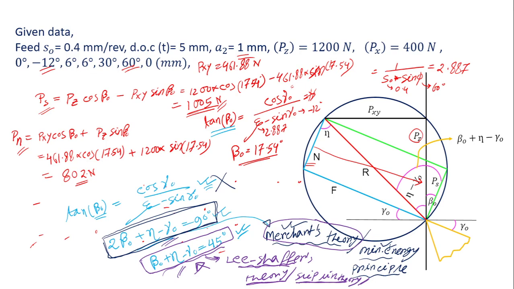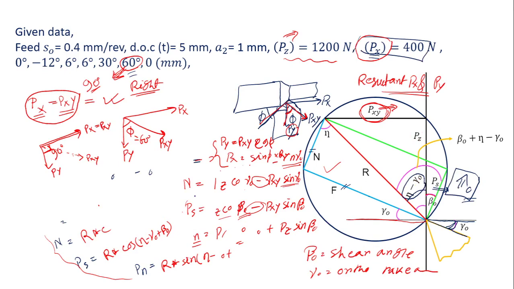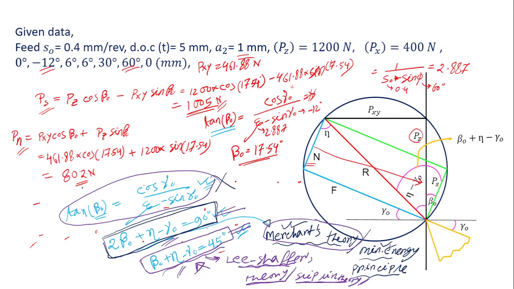If nothing is mentioned, neither this one nor this one, then you have to go with tan beta naught is equal to cos gamma naught divided by zeta minus sin gamma naught. I hope these 2 points I wanted to discuss through these questions are clear. The first concept is related to the force, and the second point is related to this beta naught.